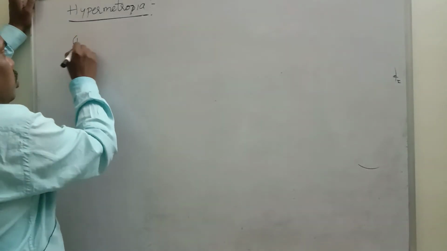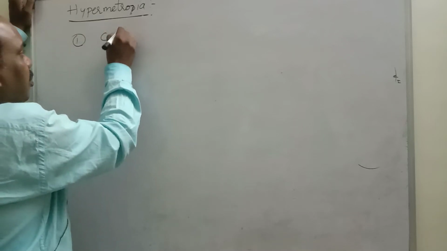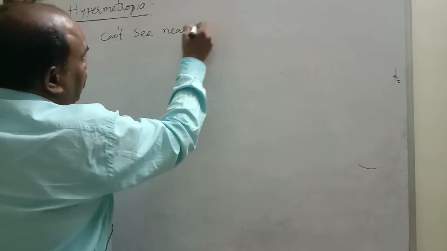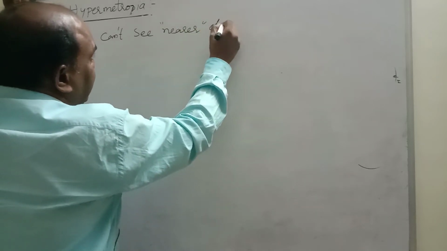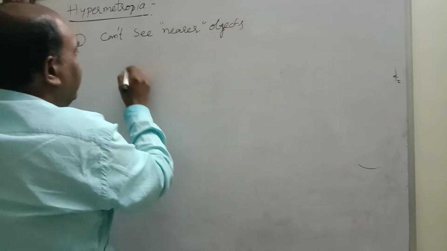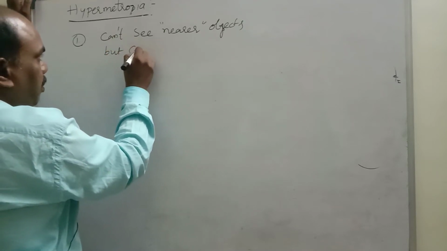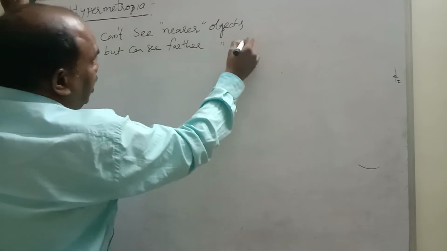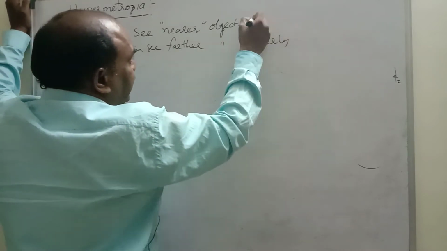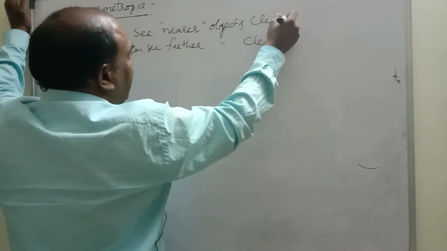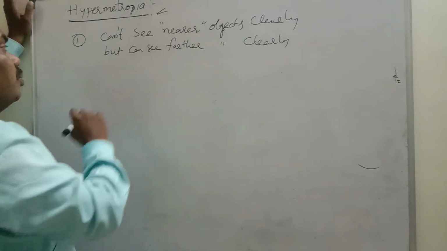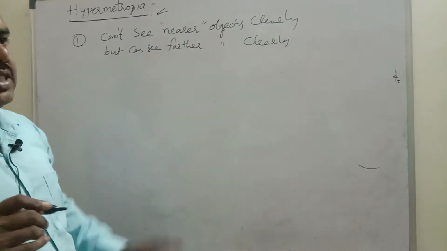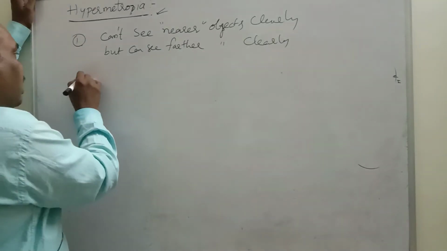The person who cannot see nearer objects clearly, but can see farther objects clearly. Nearer objects he cannot see clearly. This type of defect is called hypermetropia.